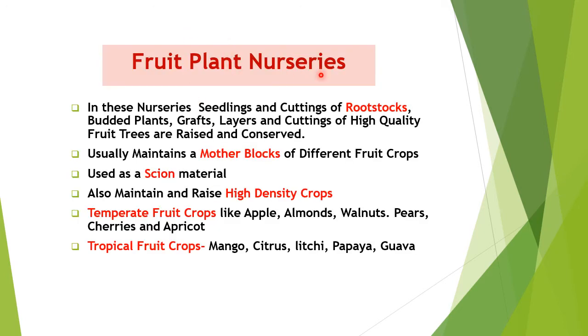Fruit plant nurseries. In these nurseries, seedlings and cuttings of rootstock, budded plants, grafts, layers, and cuttings of high quality fruit trees are raised and conserved. So you have a rootstock there, you also have a scion there, that is the graft, and they can be raised and conserved there.